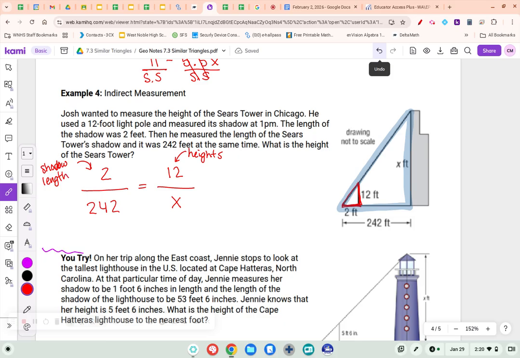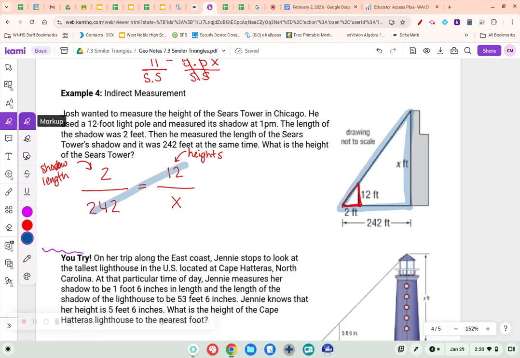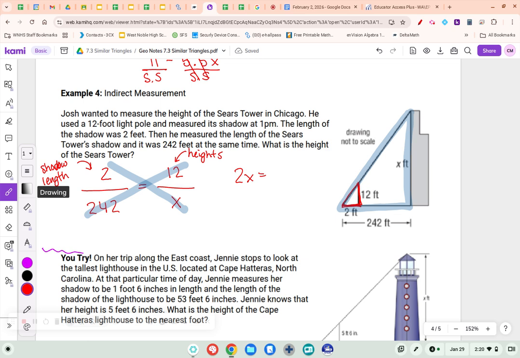We talked briefly that there are a bunch of different ways to set up a proportion correctly. There's actually 4 ways to set up every proportion and get the exact same answer. So this is only one option. I like to pair up shadow lengths and heights, like so, okay? Now, when I cross multiply, being glitchy again, I end up with 2x is equal to 2,904.